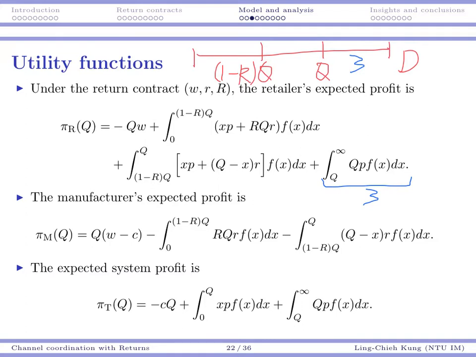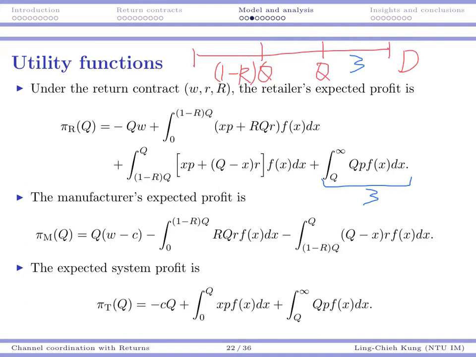Let's say if capital R is just 1/2, then if you order 1,000 units, you are only allowed to return 500 units. So when I have this capital R, I know if I sell a lot, then those remaining products can be returned. Otherwise, I cannot return everything.